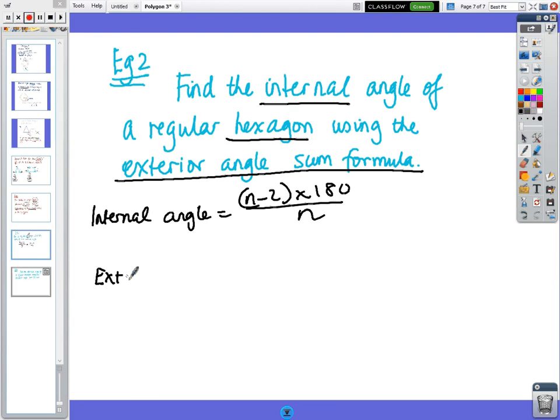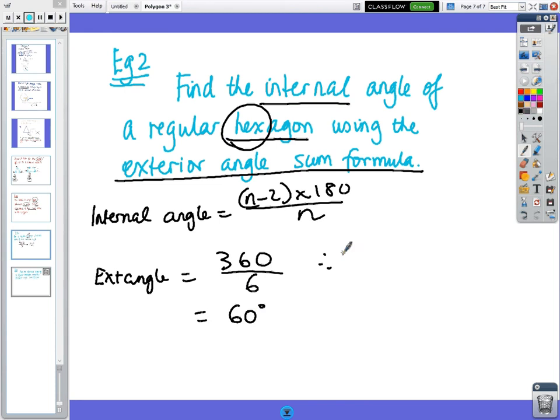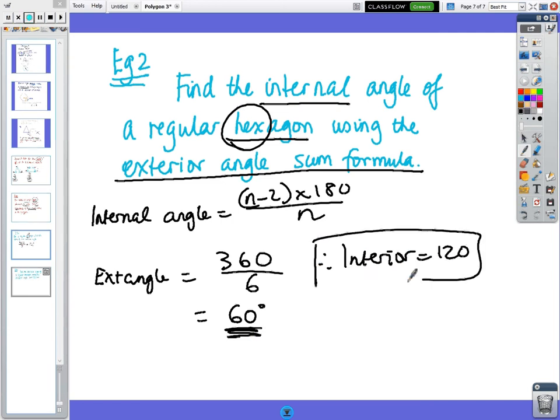So the exterior angle is always 360, and you divide by the number of sides. So we've got a hexagon, so we've got 6, so we've got 60 degrees, and so that's the outside, so the interior must be 120 because the angles always add to 180. So that's a lot easier than using the internal angle sum.